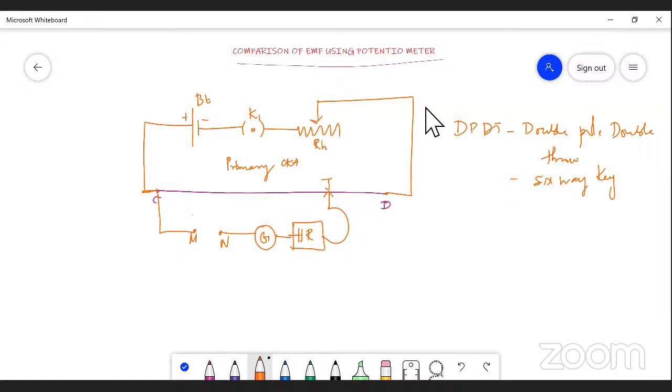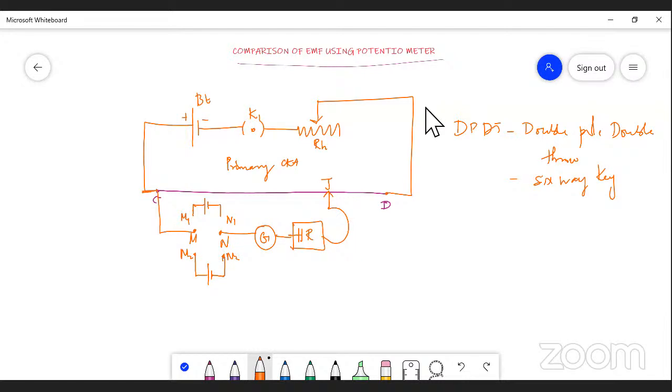And we can say the cells of EMFs whose value has to be determined must be connected across the terminals, let me say M1, N1. The cell of EMF E1 is connected across the terminals M1, N1, and the cell of EMF E2 is connected across the terminals M2, N2.